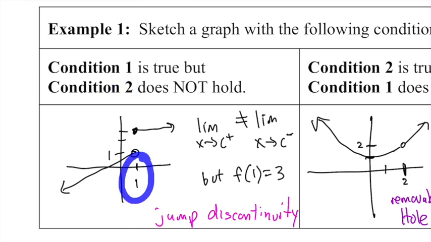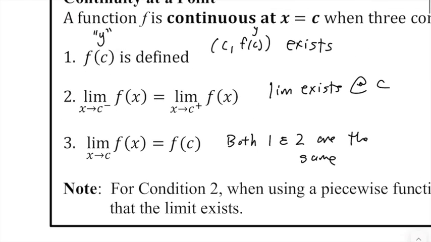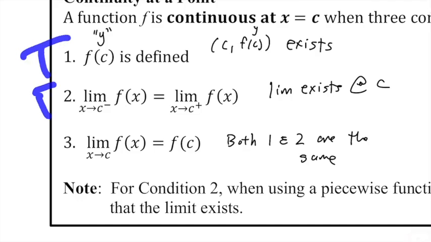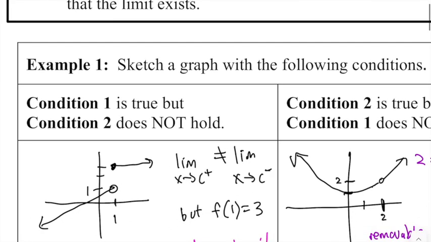So if you look at this case, x equals 1, notice how the function exists at 1 and it is equal to 3, but notice the left and right hand limits are different values. So 1 is true, but 2 is false, and that leads you to a jump discontinuity. If the left and right hand limits approach different values, it's going to be a jump discontinuity, and it can't be continuous there.